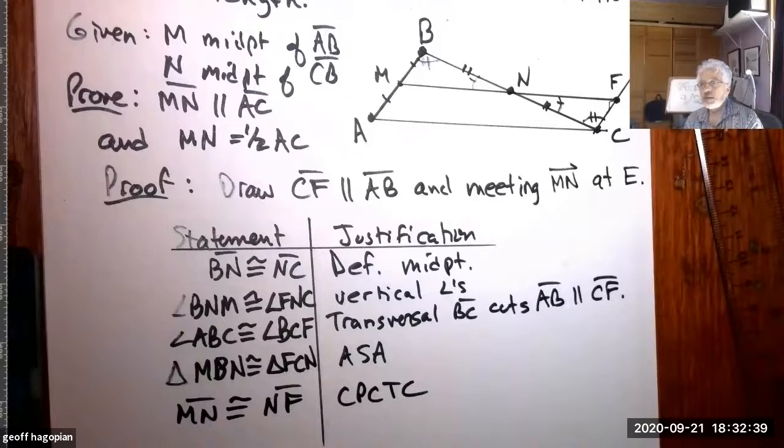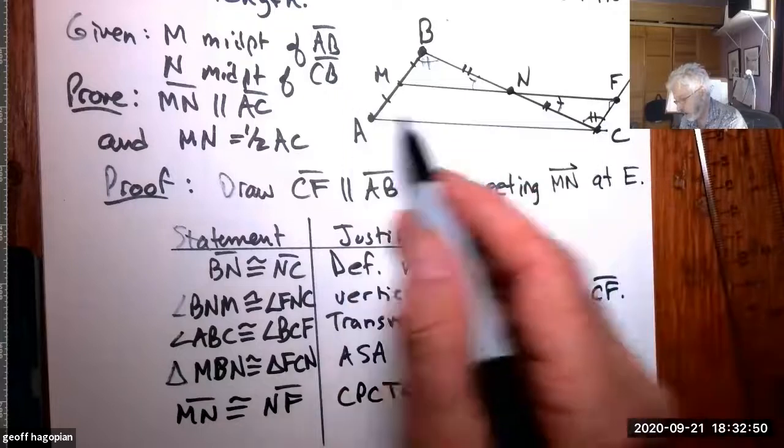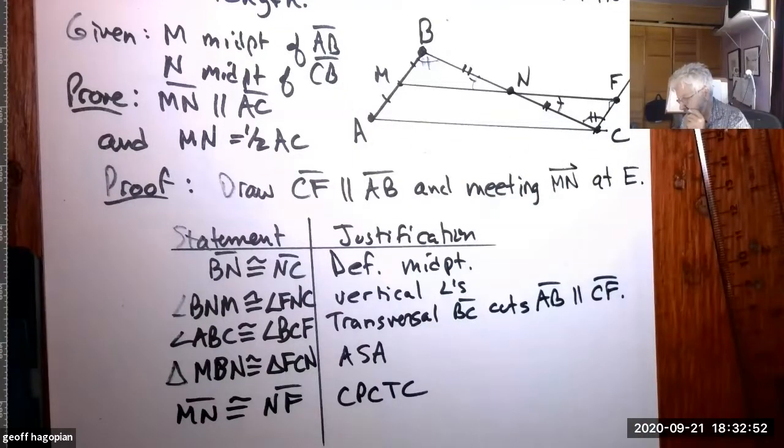And so we also know that, so now we want to say that MN is parallel to AC. Can we say that? Well, we know corresponding angles are congruent.